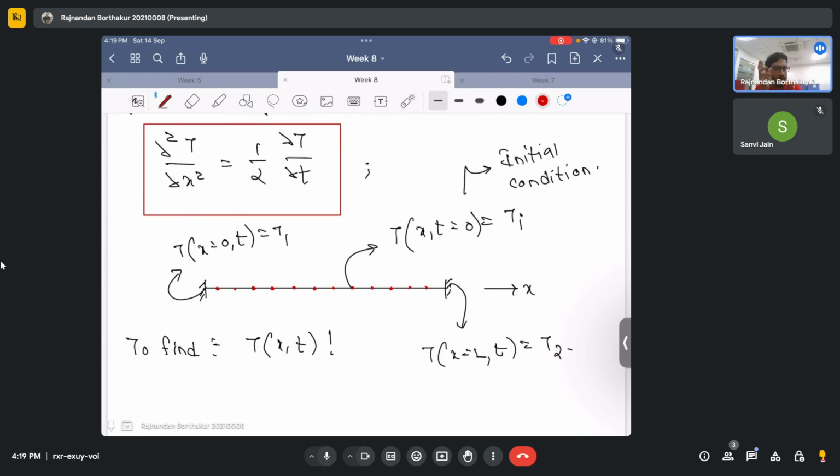If my grid points are very close, this temperature will mimic the continuous temperature field that we would get by solving it using, say, a similarity variable approach. That's the idea behind the closeness of the grids used in the finite difference method. The closer the grids are, the closer the solution will be to the actual solution.